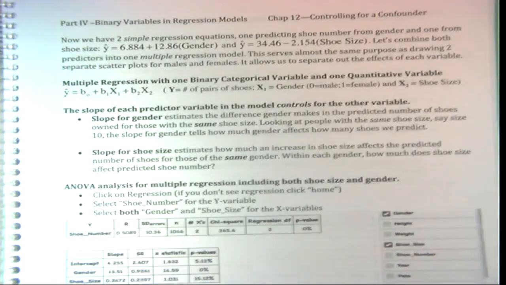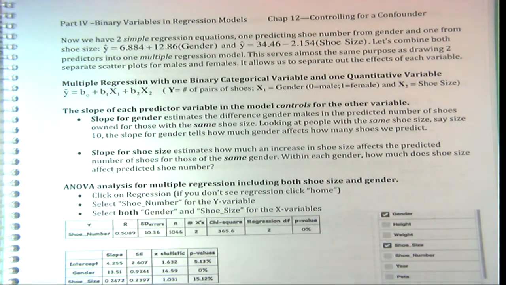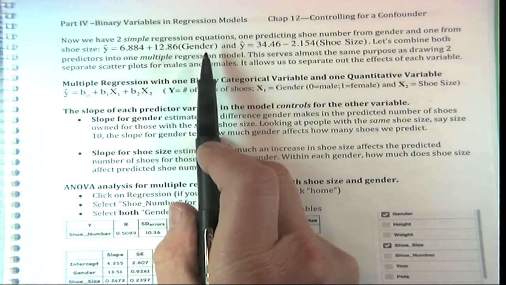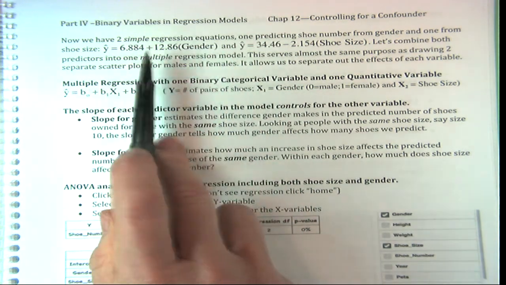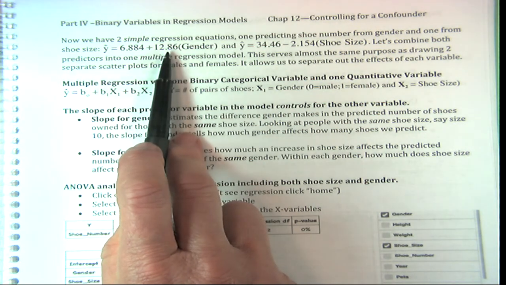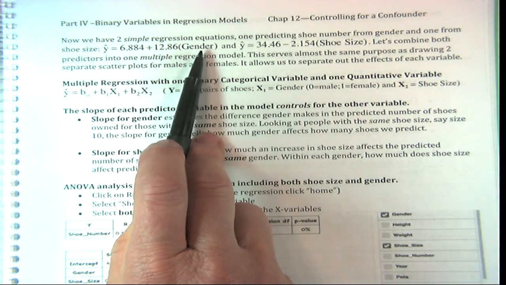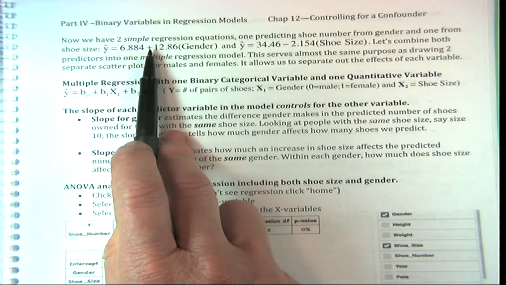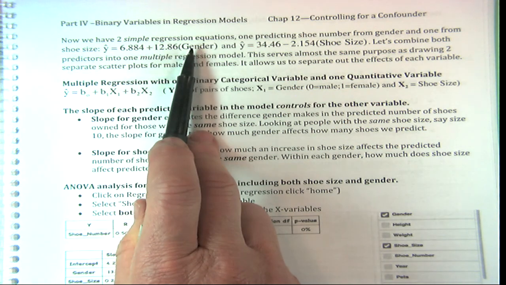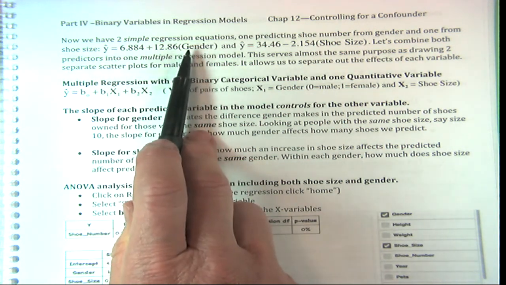And so now what we have is basically these 2 simple regression equations. One says, based on your gender, there's this giant difference, this giant slope, 12.86. If you're a female, you're going to have, on the average, 12.86 more shoes than if you're a male. That's a giant slope there.